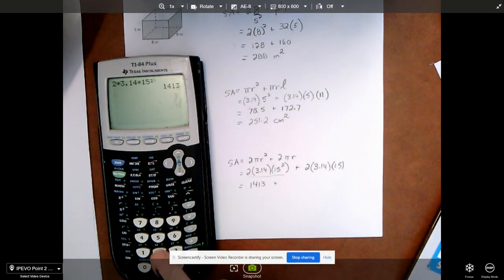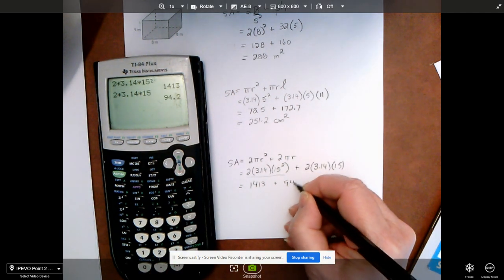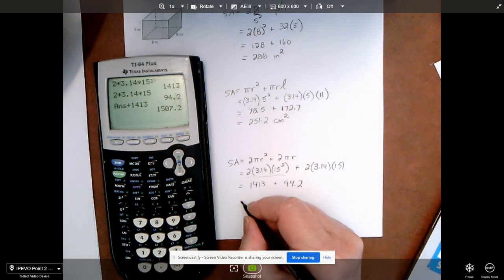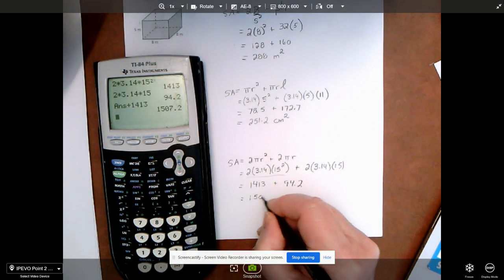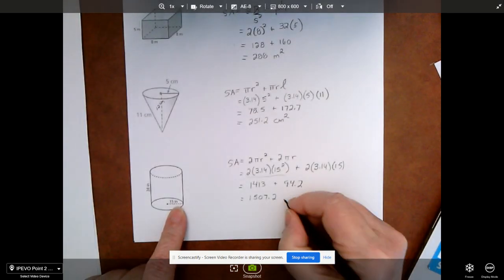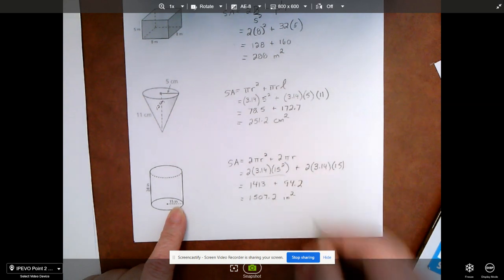Plus, let me multiply these together. 2 times 3.14 times 15 is 94.2. And then I'll just add those together. And I get 1,507.2. Again, my units are inches squared.